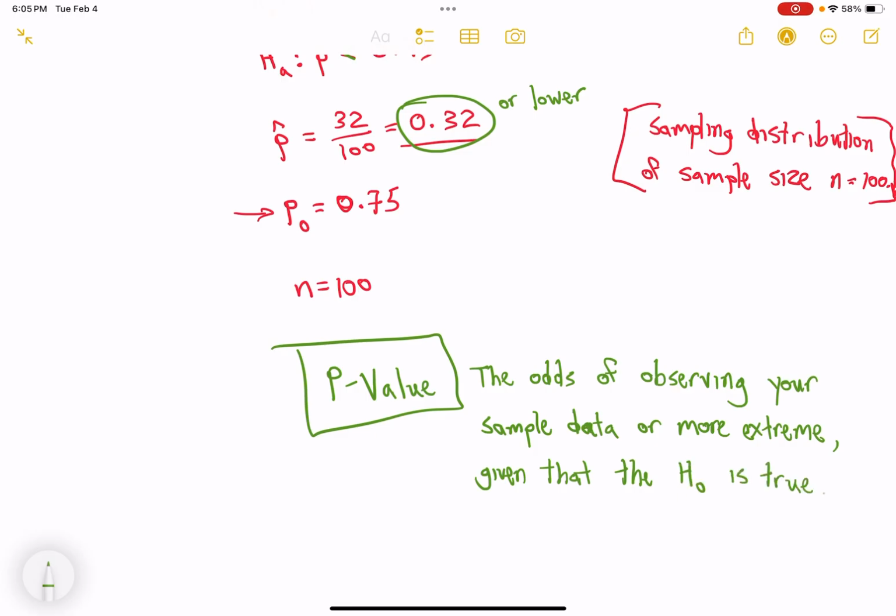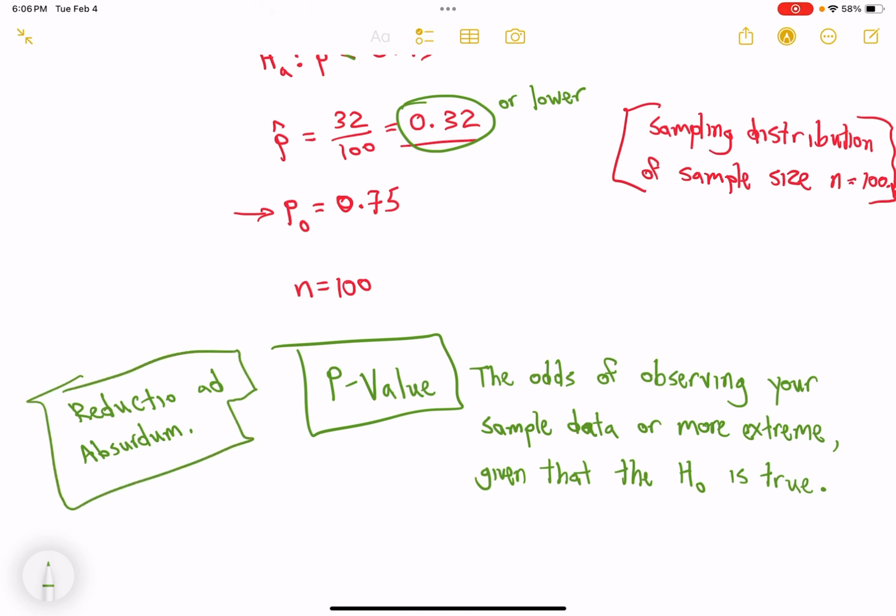Now, is the null hypothesis true? No. You may remember in class I brought up something called a reductio ad absurdum argument. And what a reductio ad absurdum argument is, and you don't need to know this for the AP exam, but you may want to know it just for interdisciplinary work of all wondrous kinds, is an argument where you take a thing that people treat as true and you apply it in a bunch of situations that show how silly that argument can be.